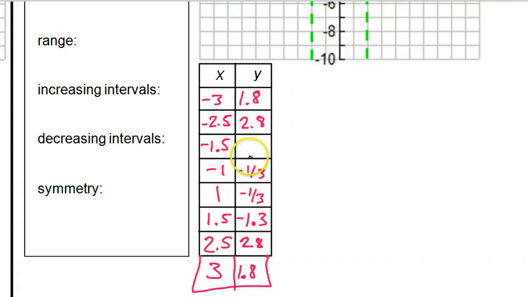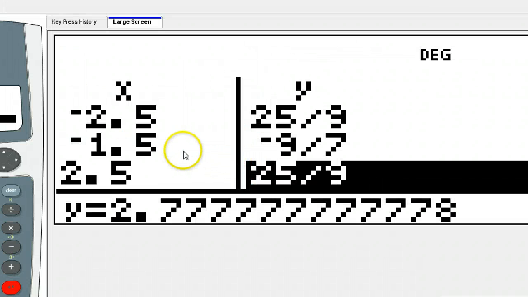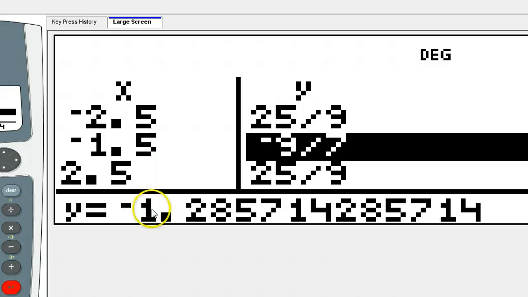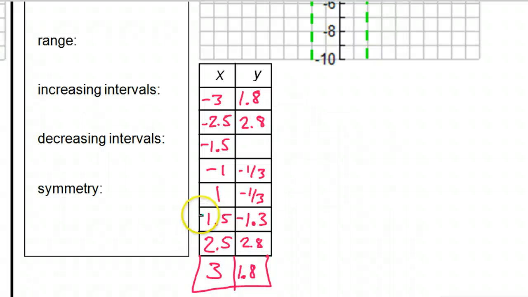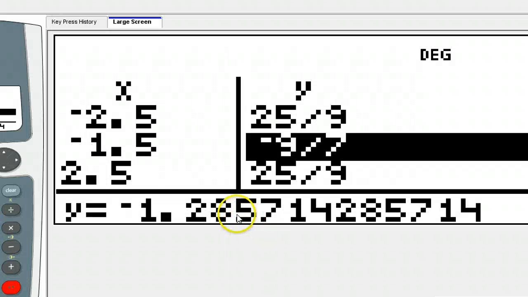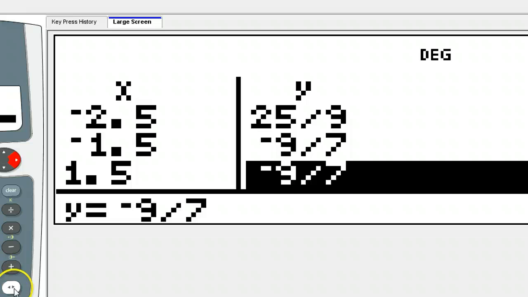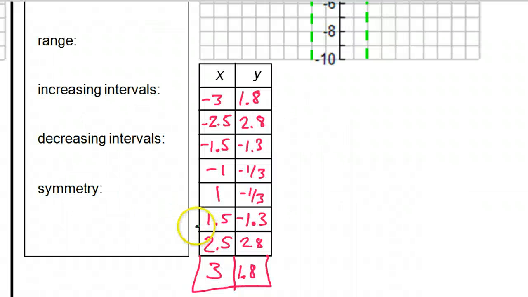Wait, did I do negative 1.5? I must have spaced out. Negative 1.5. That's negative 1.3. Alright, what about positive 1.5? So at positive 1.5, it's also negative 1.3. Okay, so it's negative 1.3 all places.